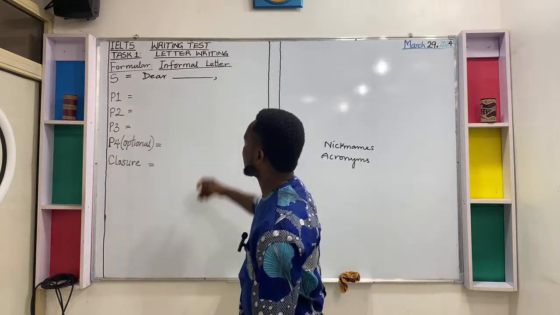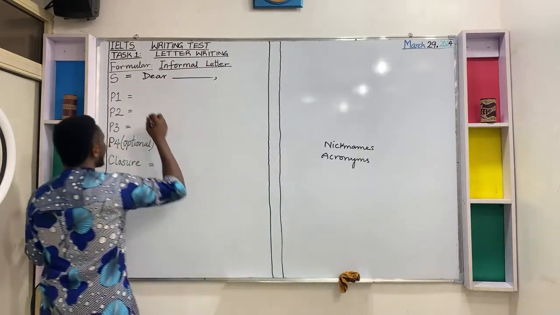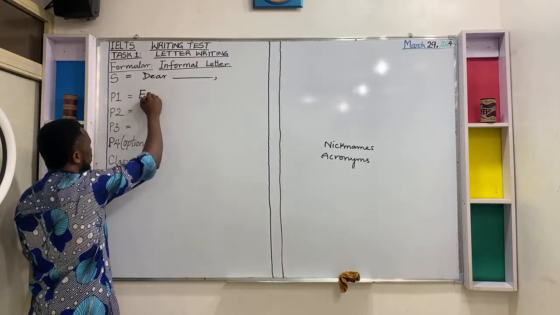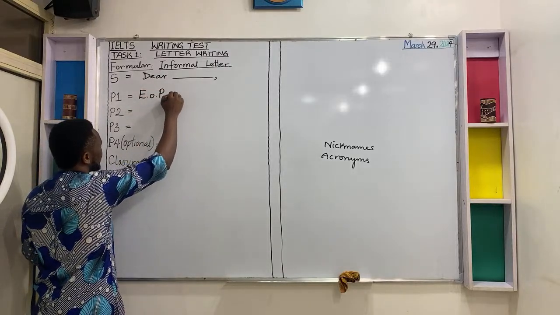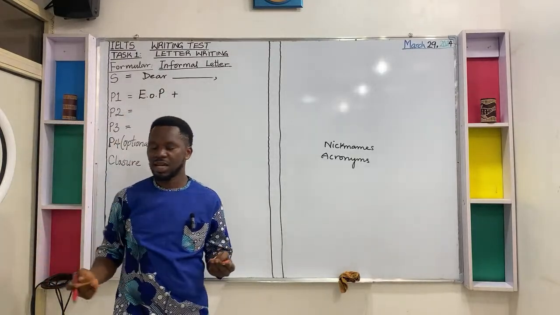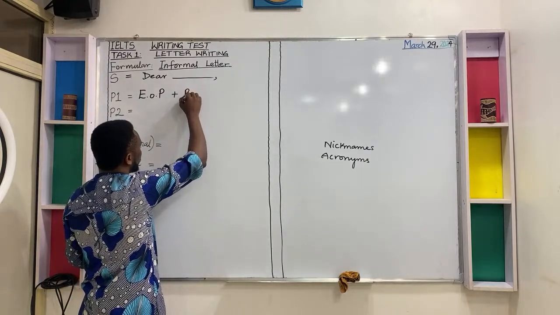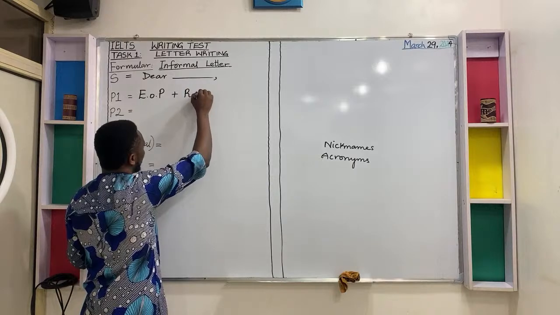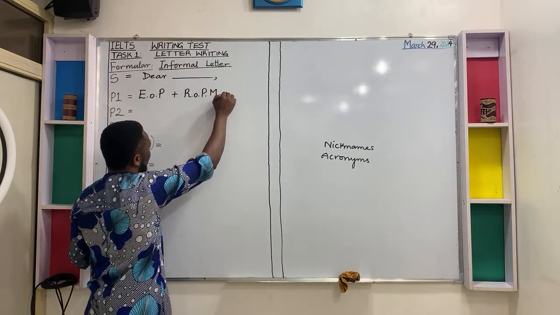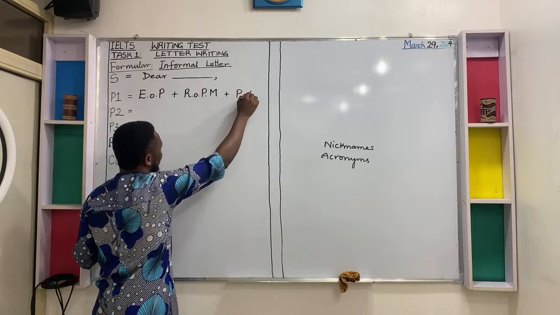All right. So after expressing your salutation, your paragraph 1, please talk about exchange of pleasantries. Exchange pleasantries. After that, bring in what we call recall of past memory. Then after that, bring in purpose of writing.